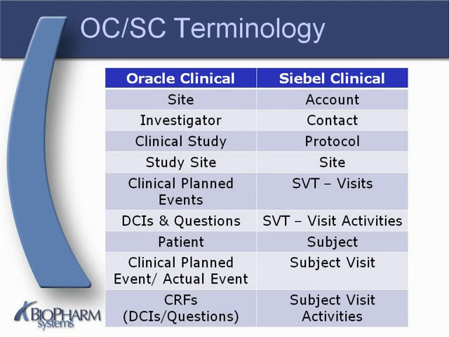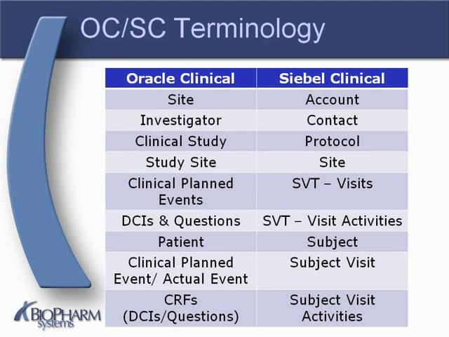The important ones to note for this interface are where we do the mapping per study, which we're going to go over. Clinical planned events in Oracle Clinical RDC are directly related to the subject visit in your subject visit template. And a DCM, or data collection module, is essentially a CRF page in OC and RDC. A DCI, or data collection instrument, is basically a section of that CRF page, and questions are, of course, a question on the CRF page.